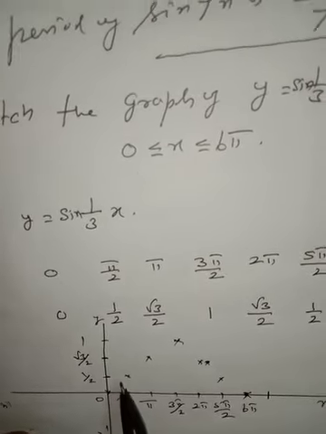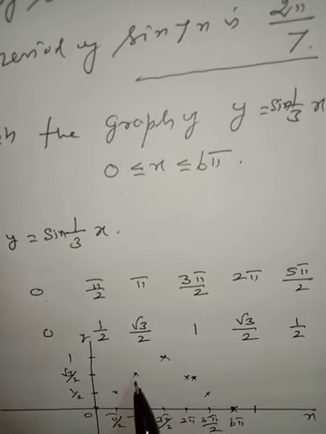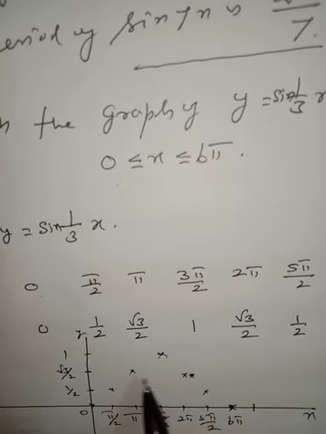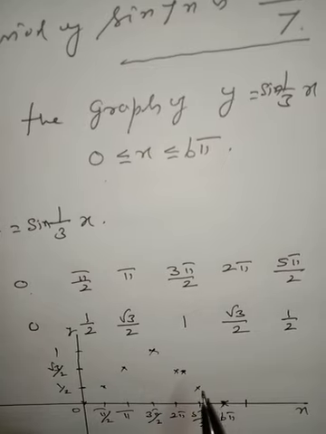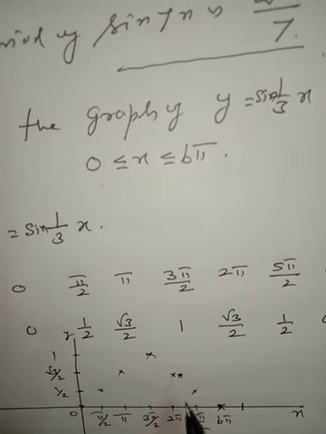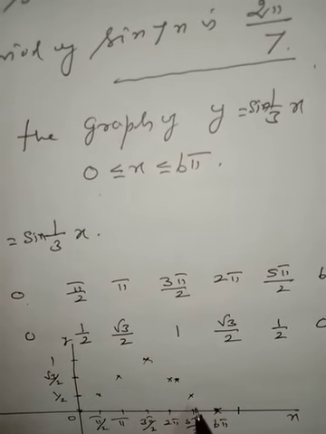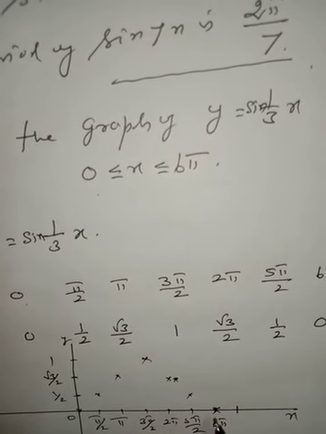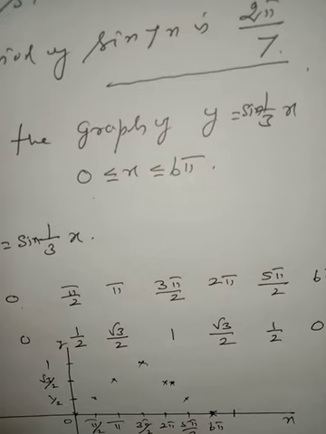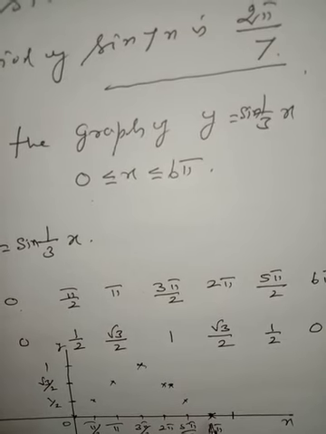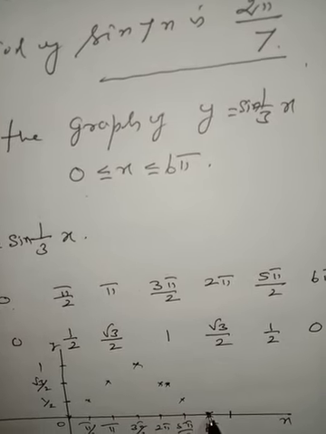0, 0; pi by 2, 1 by 2; pi, root 3 by 2; 3 pi by 2, 1; 2 pi, root 3 by 2; 5 pi by 2, 1 by 2; next 6 pi on the x axis, 0.